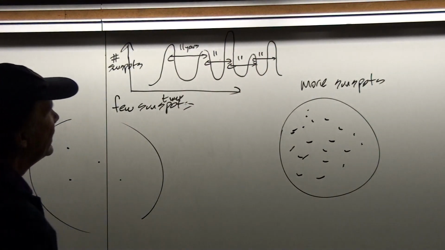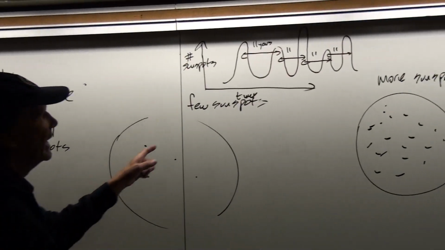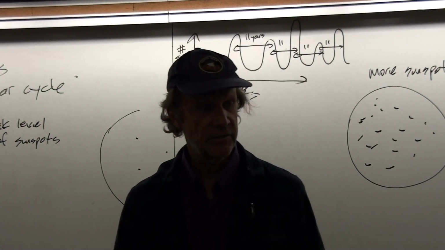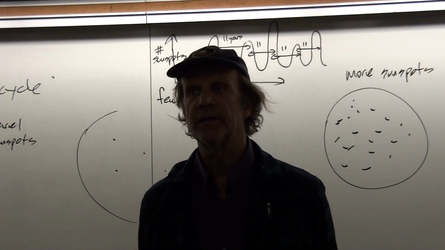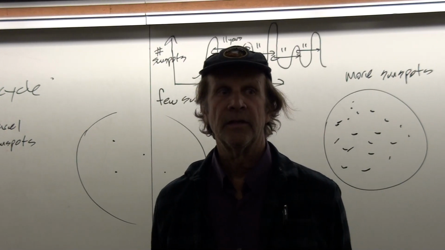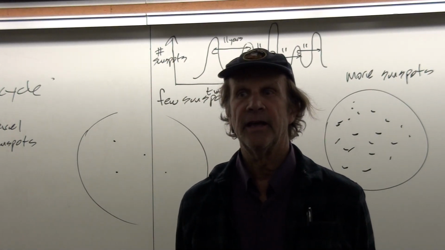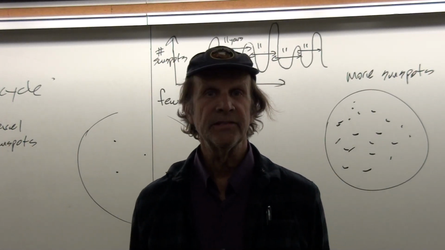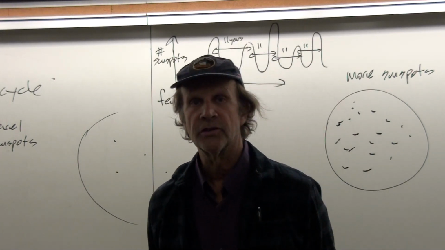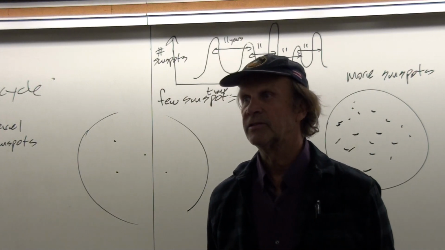Now there are some variations in this that were observed back in the late 1700s and early 1800s where there weren't any sunspots for something like 30, 40 years. And this was associated with a mini ice age in Europe and also with very, very cold temperatures in the United States.